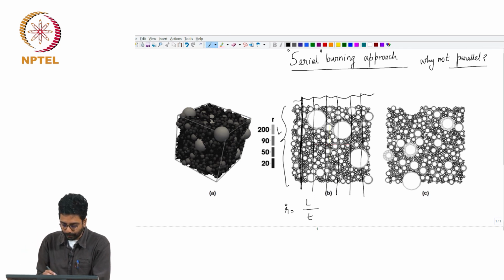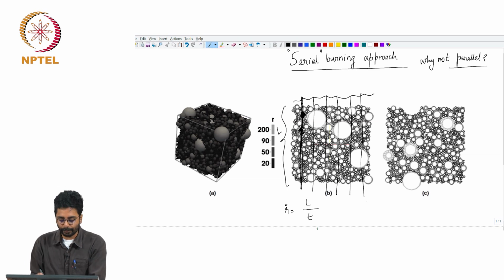If you look at this particular line, it intersects some larger particles here. For example, this is a large particle that it intersects, this is another large particle. Between these two larger particles, it goes through a segment of smaller particles.